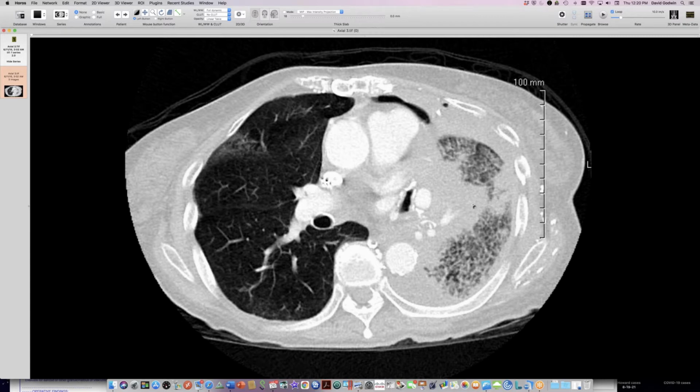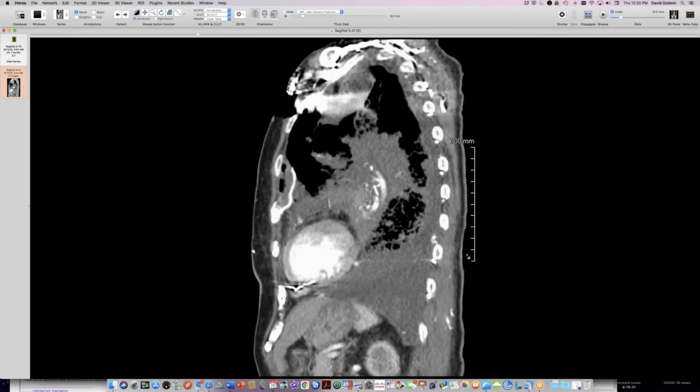Here's another example, sent to me by a former resident fellow who's now in Hawaii. This is a left lower lobe torsion, again with that same bird's nest venous infarction look to the lobe. We can scroll through it here, and you can see the twist of the vessels.